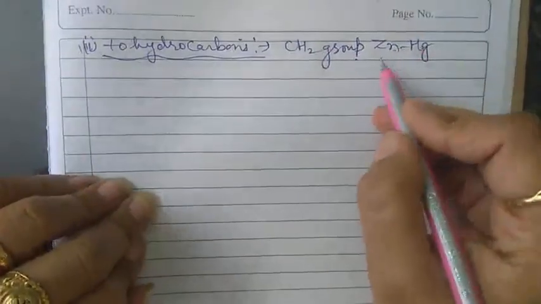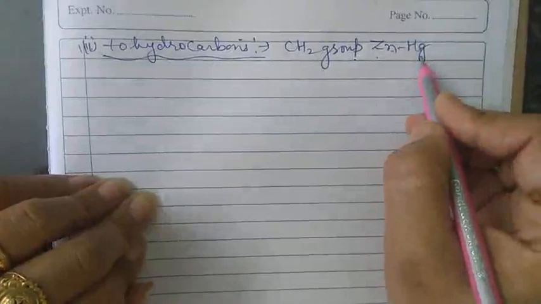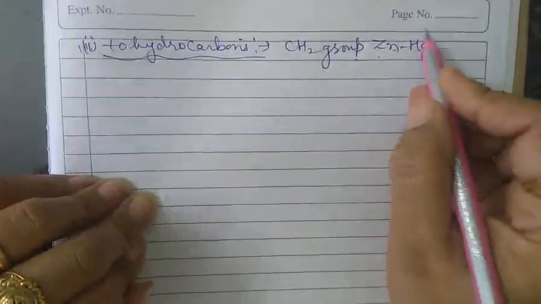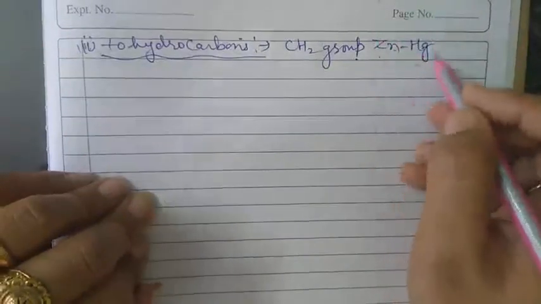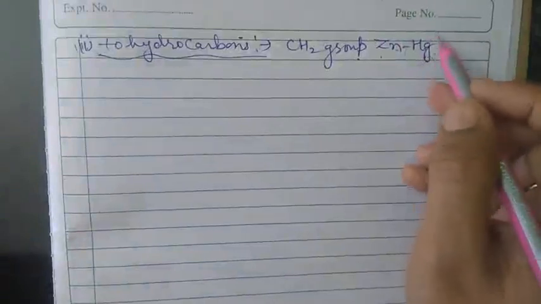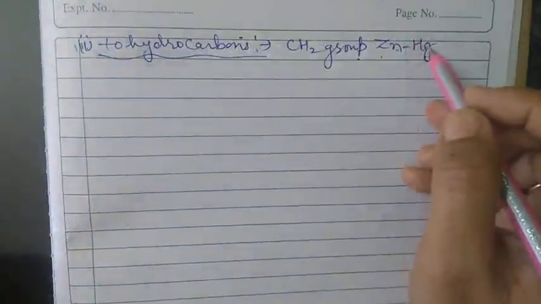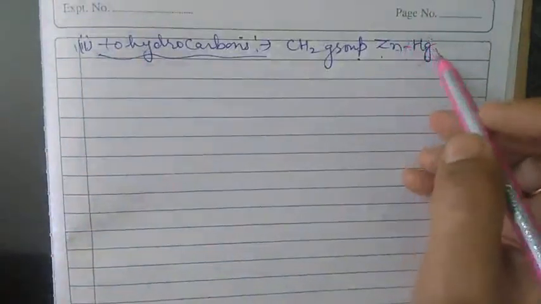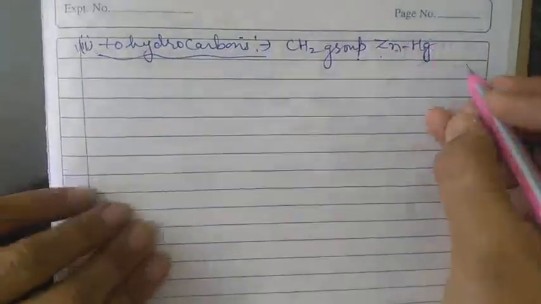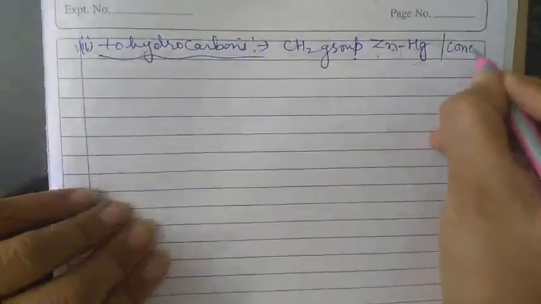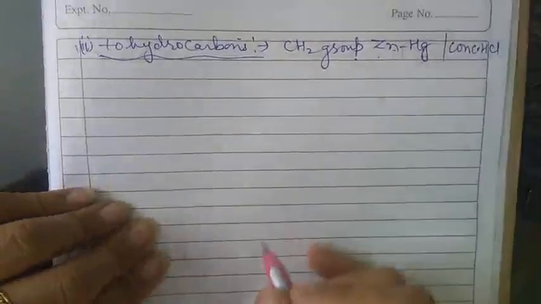Zn is zinc and Hg stands for mercury, and the compound of mercury is known as an amalgam. So zinc amalgam, with concentrated HCl.